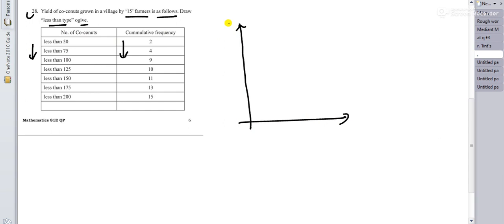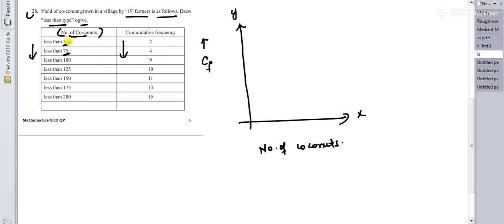So in this y-axis you have to always take cumulative frequency. Let me write here in short form, but you write it in the full form, cumulative frequency. And in the x-axis there will be always limits. Okay, that is, which one is this? Upper limits. But write whatever they have given here, number of coconuts. Okay, this is x-axis.